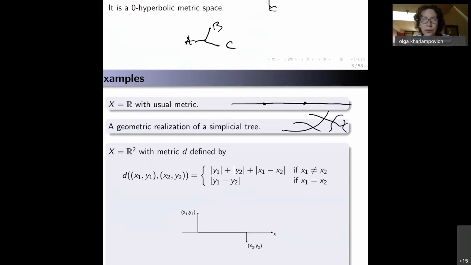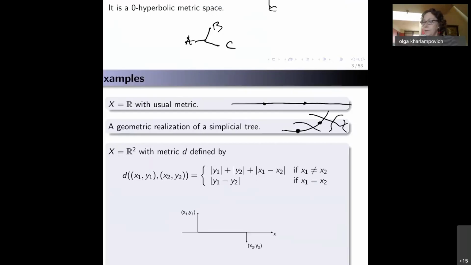When we talk about R-trees, any two points on this picture are considered as vertices of an R-tree. For example, we can think that each edge has length 1, then the distance between two points is just the distance computed along the realization. So it is also an R-tree.